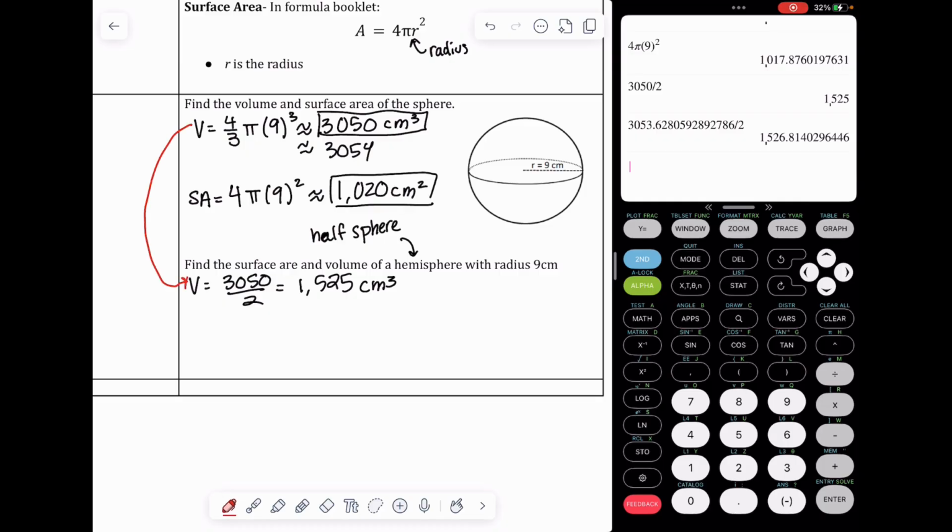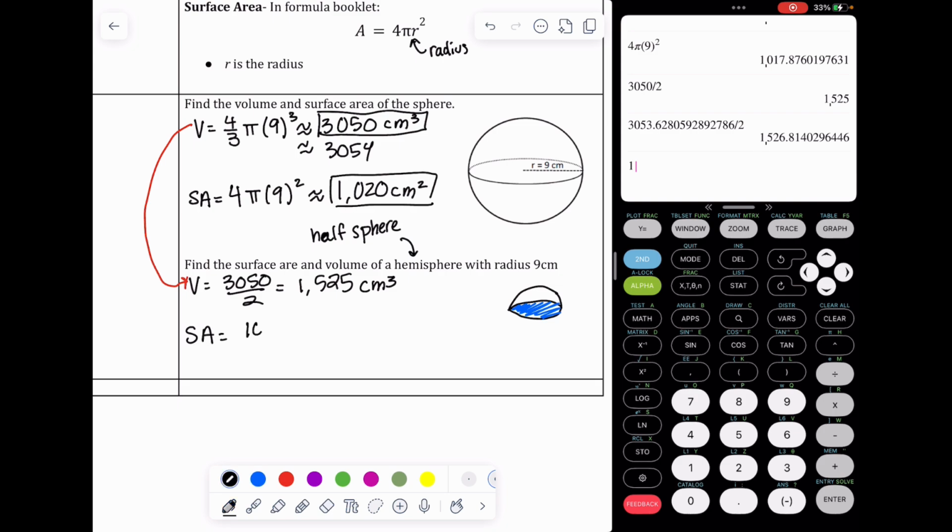Surface area is a little more complicated since, yes, we do need to take half of the curved part of the hemisphere, but there's also, if we think about a hemisphere, the curved part, but then there's also a base. So we would want to make sure we count the base of the hemisphere as well. So the surface area is going to be a combination of things.